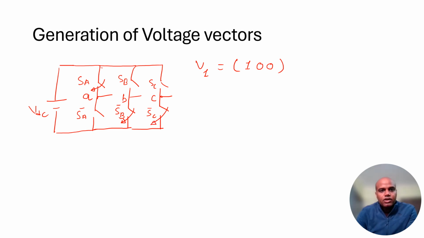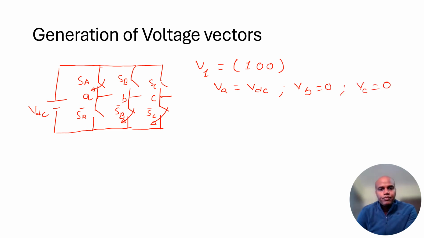Therefore the output VA becomes VDC, and VB becomes 0, and VC also becomes 0.